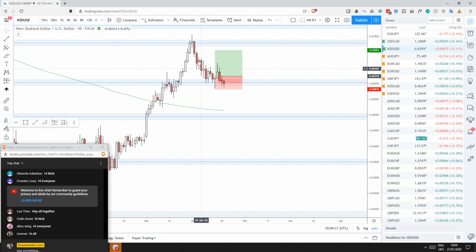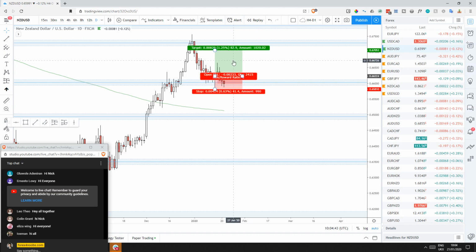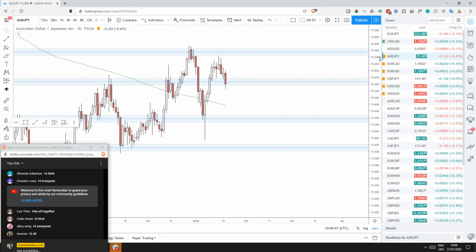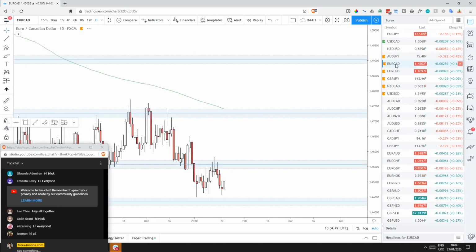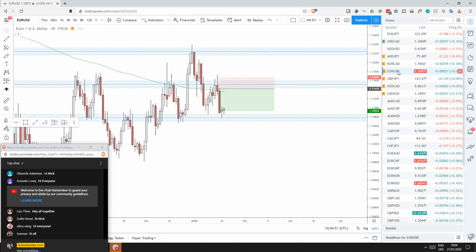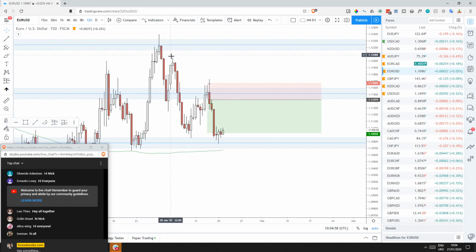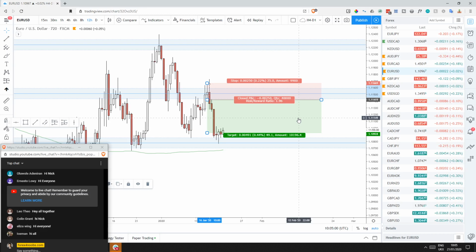New Zealand USD, this was going well at the start of last week, but this one should have been closed out on Friday because it didn't really go anywhere. So this is essentially break-even trade. Euro USD ended up going down quite nicely.